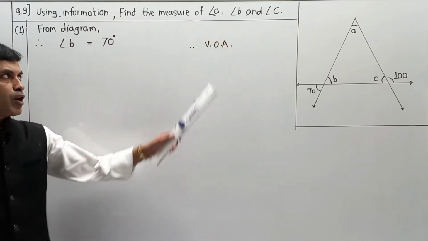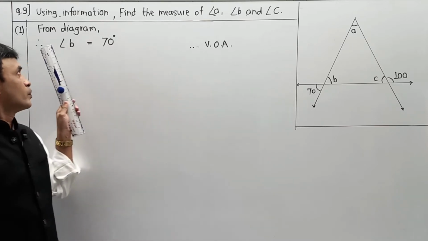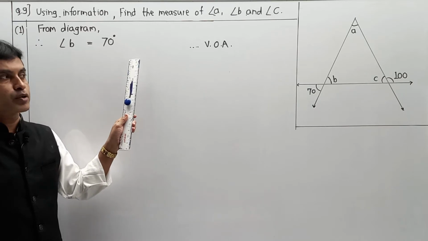This is a short form of vertically opposite angles, we can write it in short also. So we get the first value, angle B is equal to 70 degree.